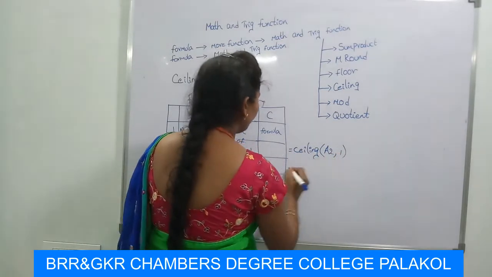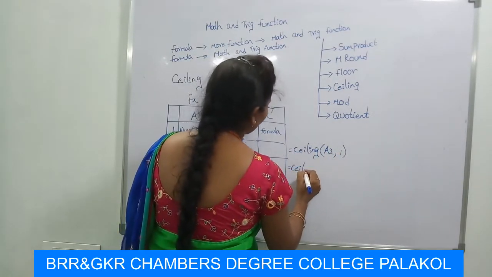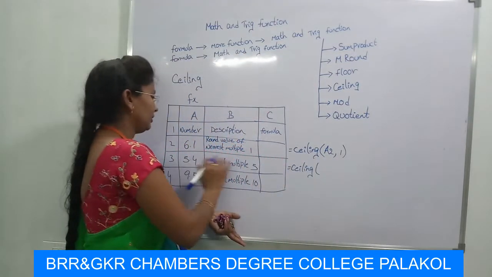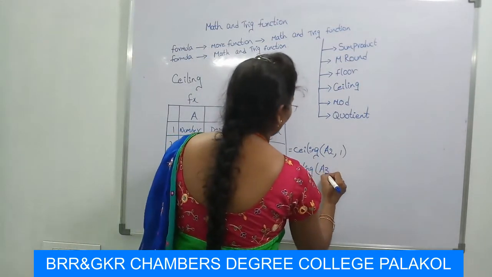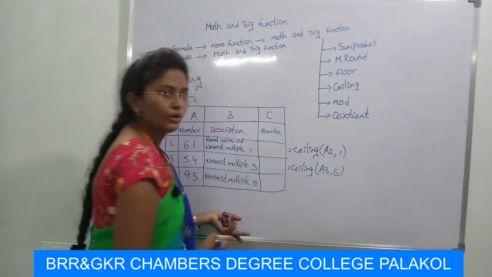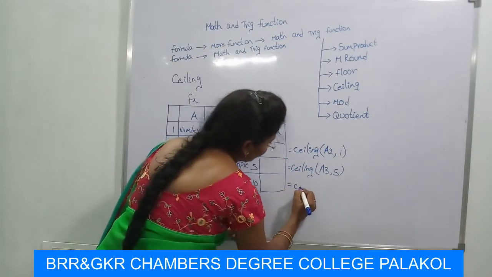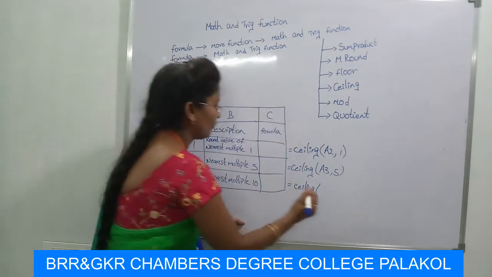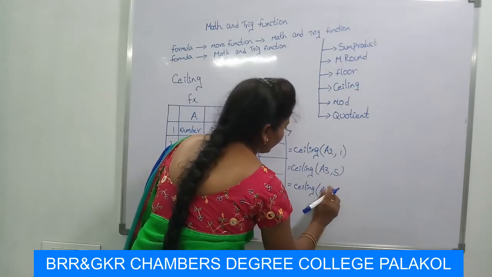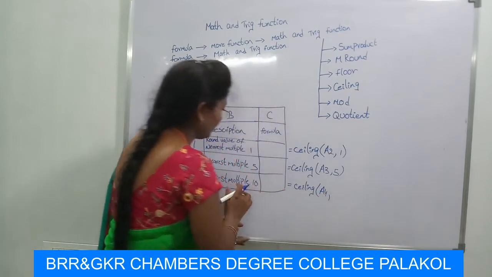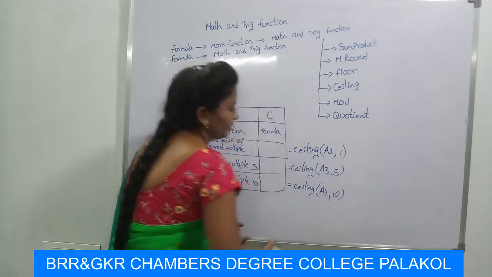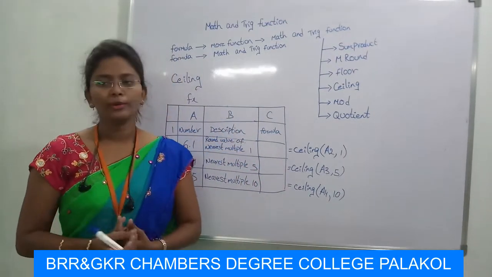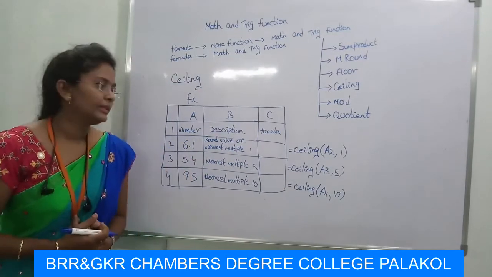The same formula, but the cell reference is changing: A3, comma, multiple is 5, and CEILING A4, comma, multiple is 10. After entering the formula in this formula bar, the values will be represented in C2, C3 and C4.